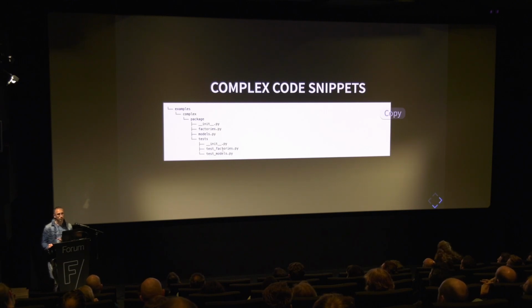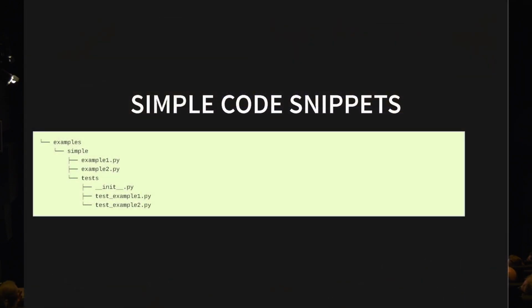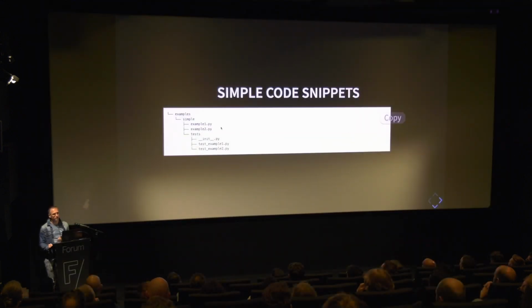If you have complex code snippets, this is the way you should do it. For simple code snippets, it could be this as well, but you need to write tests for each one. You create a new module for each snippet that you have.